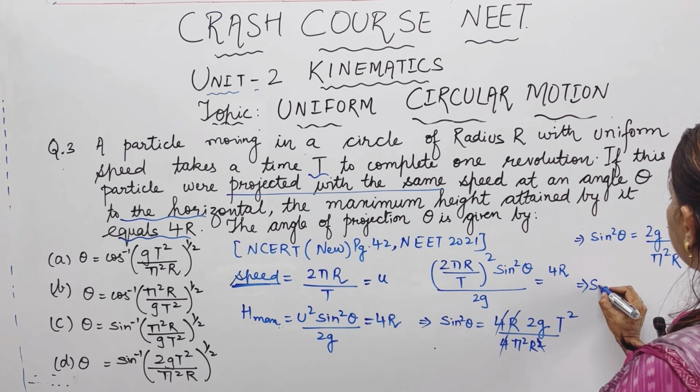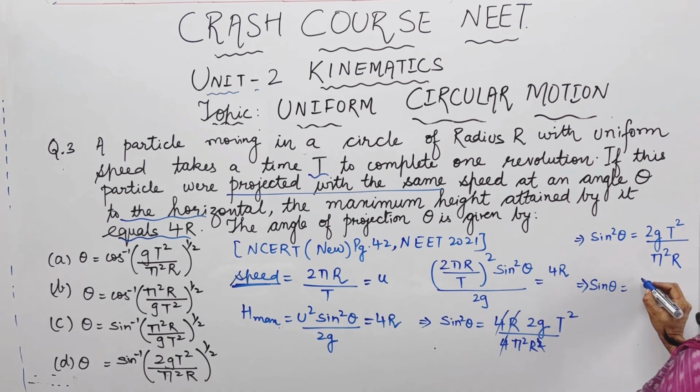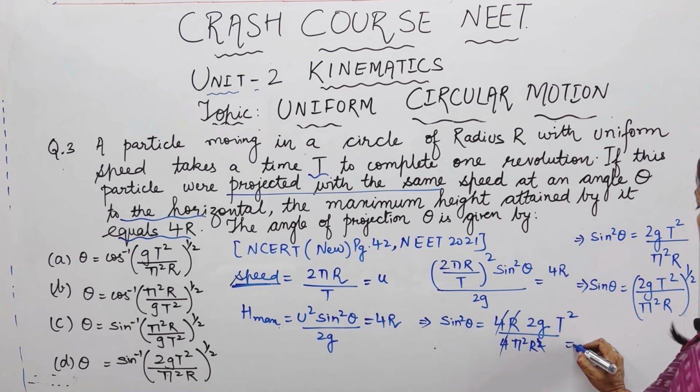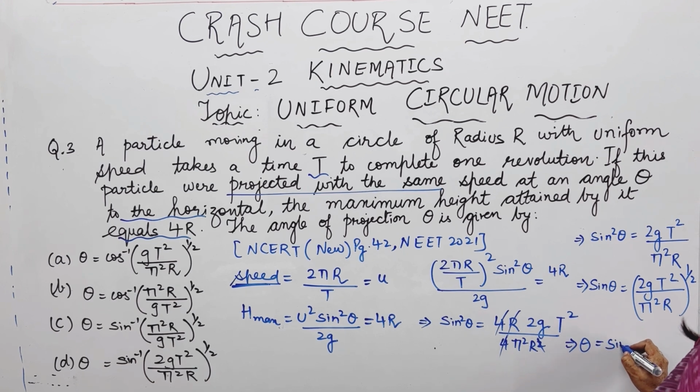Now taking the square root on both sides, sine theta is (2g t square over pi square r) to the power 1 by 2, and theta comes out to be equal to sine inverse of (2g t square over pi square r) to the power 1 by 2.